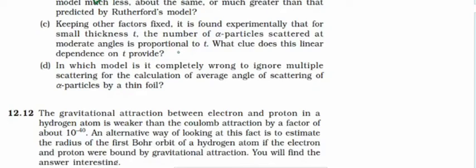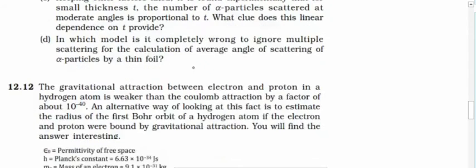When more atoms are present, we can say the probability of getting a collision is high rather than just passing through the foil. So that is the reason there is a linear relation with the thickness T.